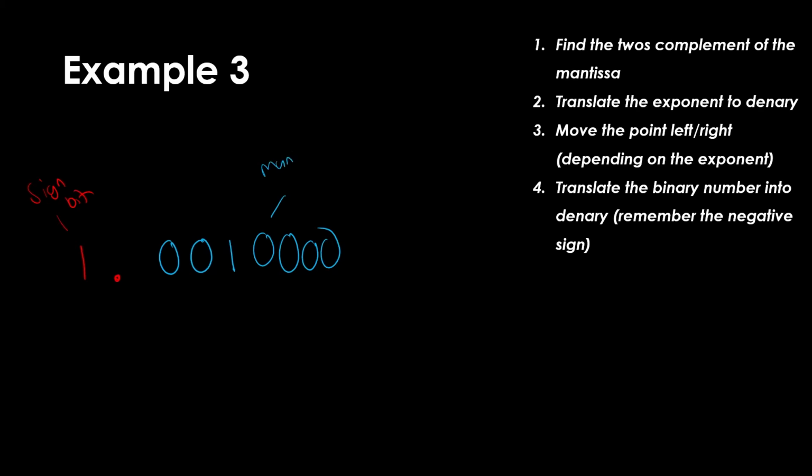That's our mantissa. And then we're going to have an exponent of 1 1 1 0. That's going to be our exponent. Okay, right, pause the video here and see if you can work out the answer using the steps we've worked through.